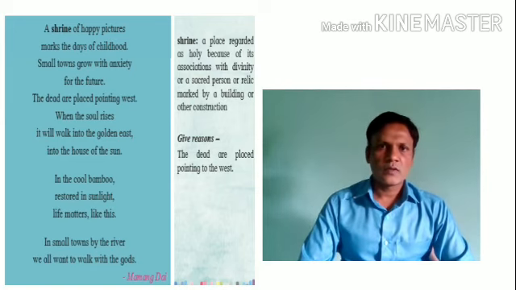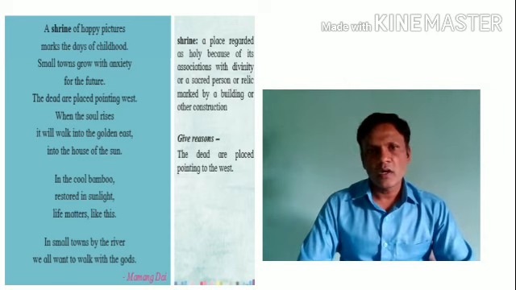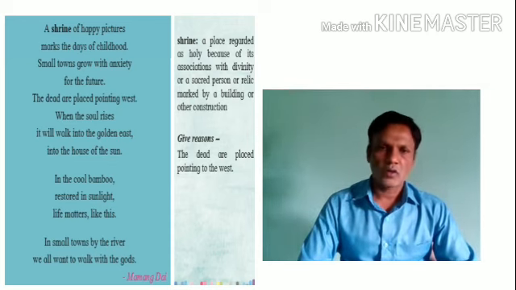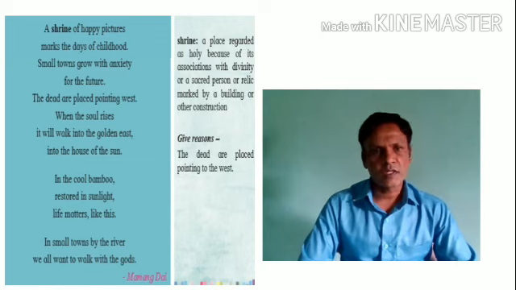The poetess once again in the last line says that we all want to walk with the gods. Who are the gods? Gods for them may be the objects of nature like rocks, rivers, flowers, trees. Each and every object of nature is God for those tribes.